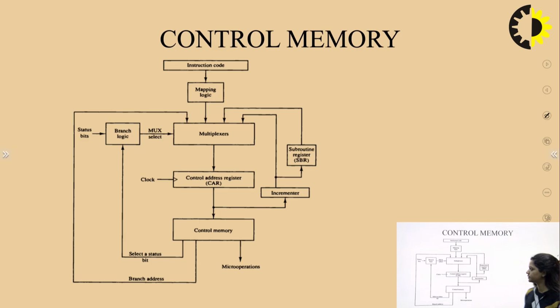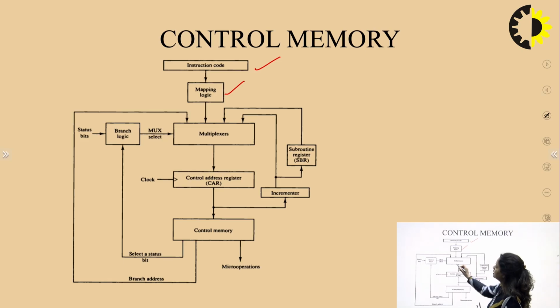From the external source, the instruction code is fetched and converted into a micro instruction using a mapping logic. Here the multiplexer gives the choice among four address possibilities, at locations 0, 1, 2 and 3.